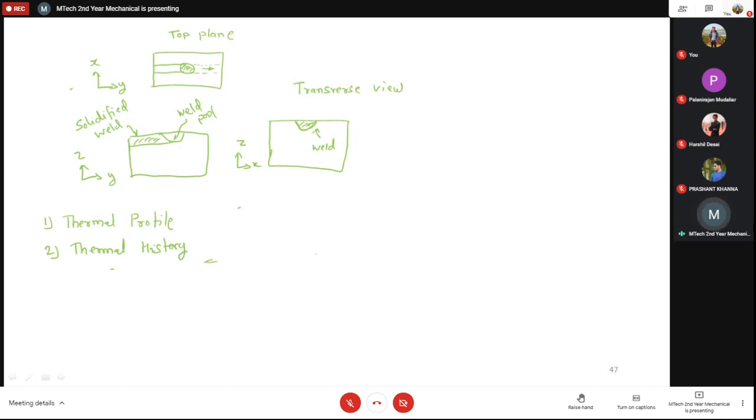What is the thermal profile? How do we get the thermal profile, and what is thermal history? What is the difference between the thermal profile and thermal history? What are the ways through which we can get information about the thermal profile and thermal history, in the modeling process and in an actual scenario? That we'll discuss in the next lecture.